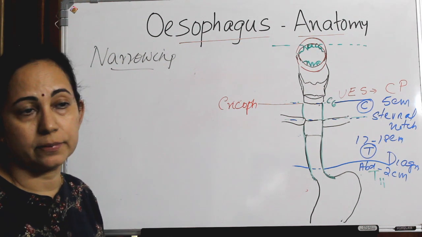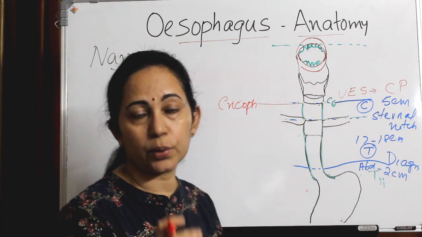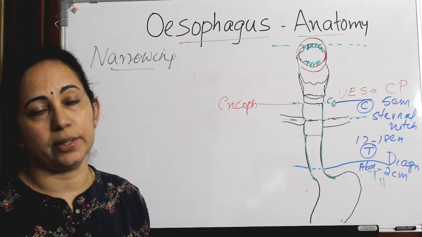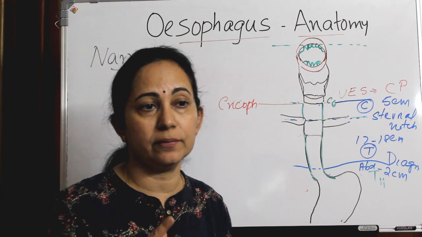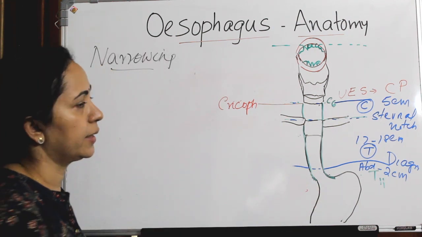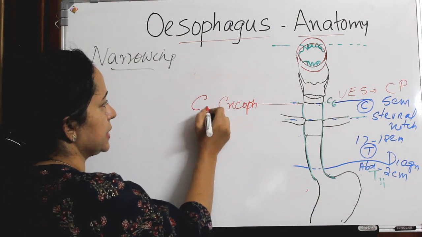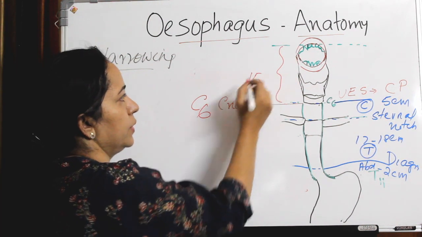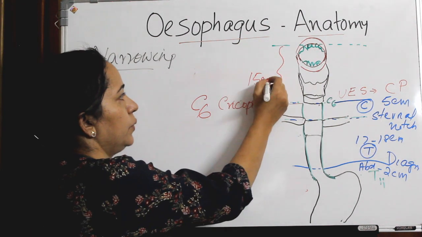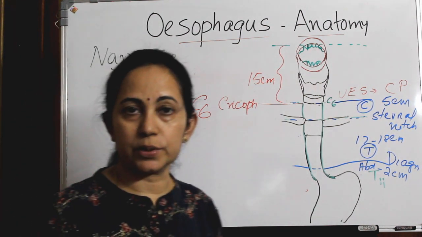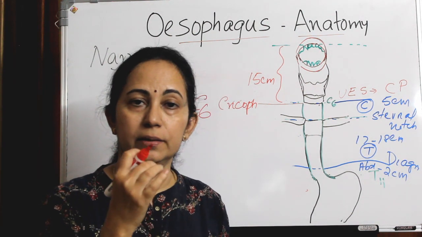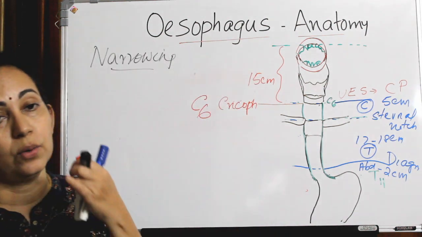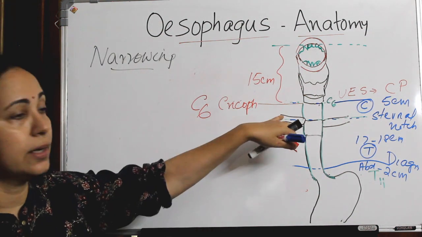It is the narrowest part of our esophagus, and the second narrowest part in the body. The first narrowest part in the body is the vermiform appendix, and the second is the cricopharyngeal sphincter area. That is at C6, around 15 centimeters. So when you do a rigid esophagoscopy and the marking reaches 15 centimeters, you know that this is at the cricopharynx.